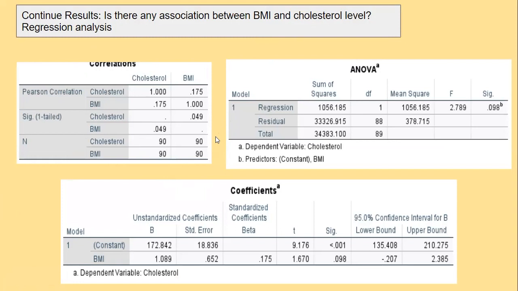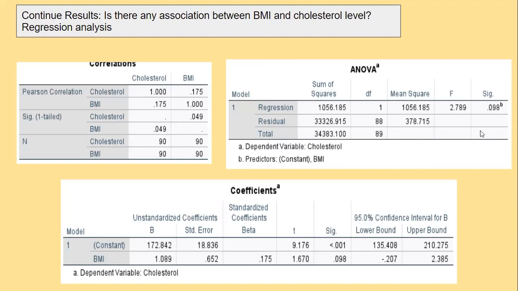So we need to select a test that gives us the ability to assess multiple means, which is regression. And the other reason is because we are comparing two quantitative variables, which are the BMI and cholesterol. After we did our analysis, SPSS gave us this result.